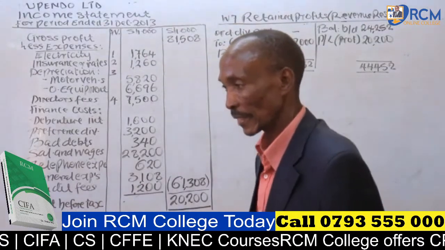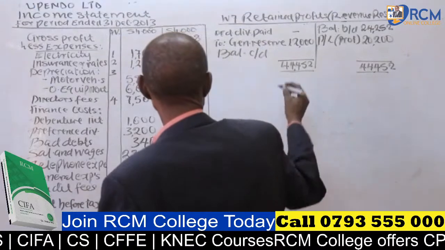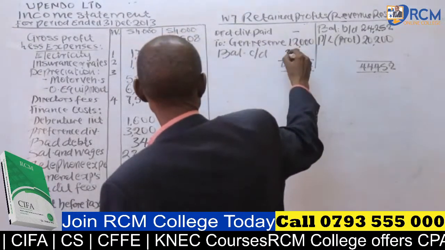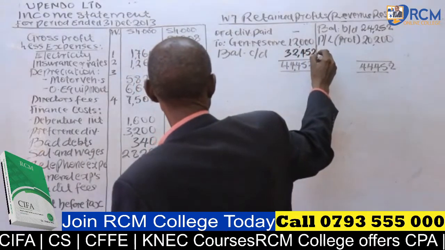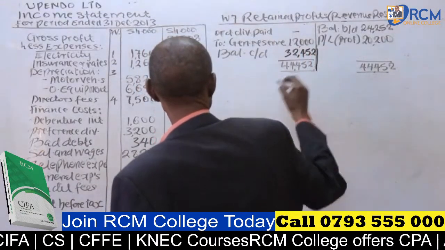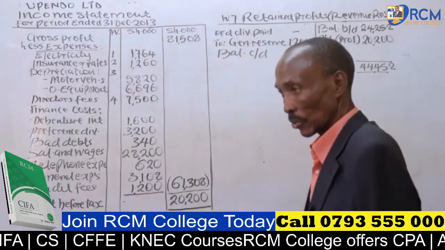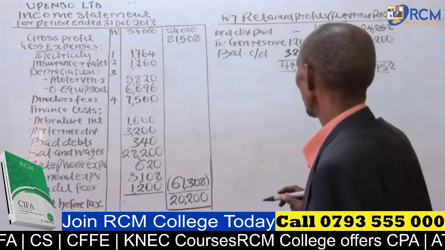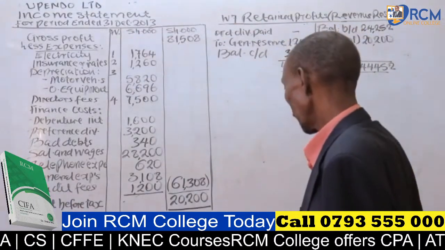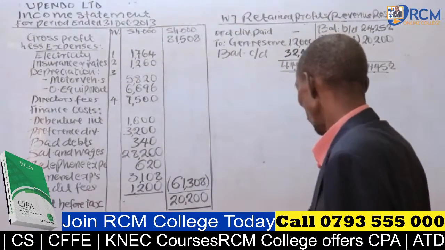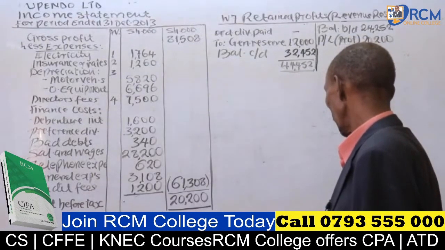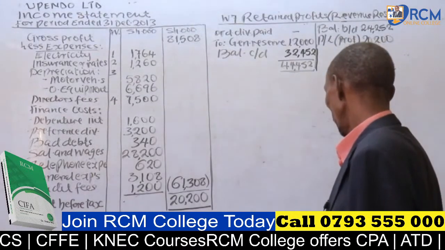We are calculating the retained earnings as at the end of the period. That is 32,452. This is called retained profits, or you can also call it revenue reserve. It will appear under equity. I am just trying to retain that figure, 32,452.